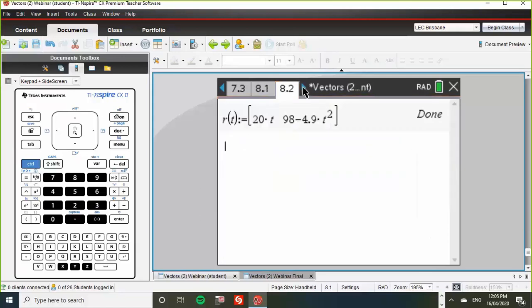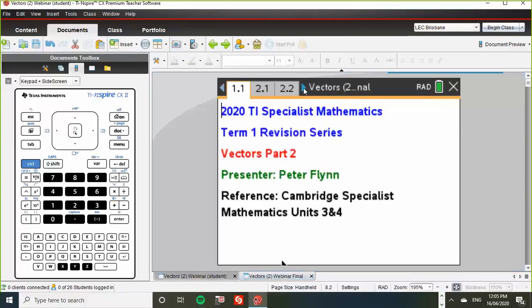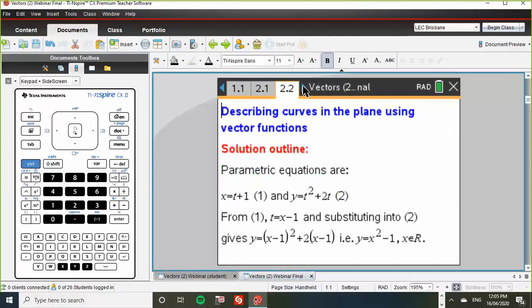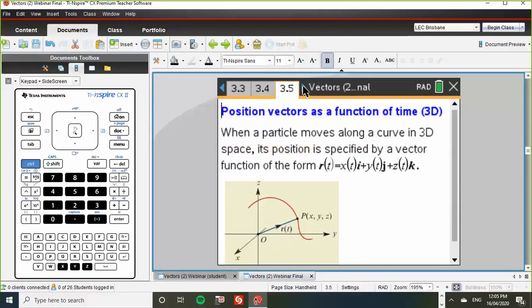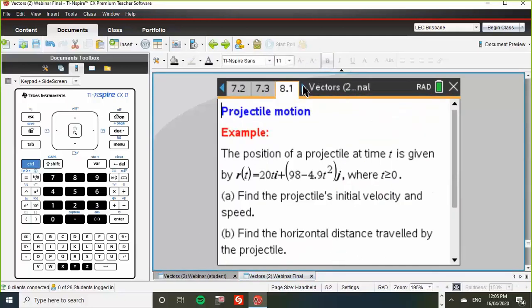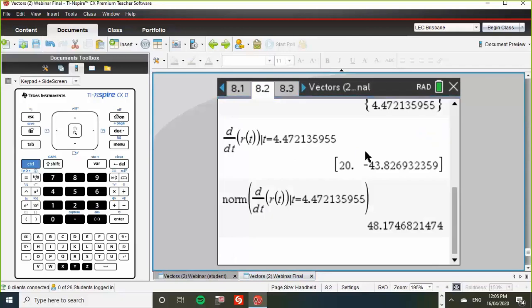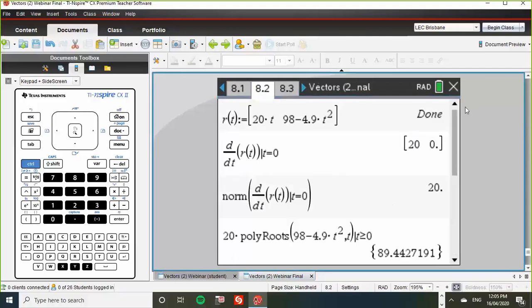So if we go to the next page, actually because of time, what I might do is just go through one that I've already done and talk you through it, and that will finish us off there.